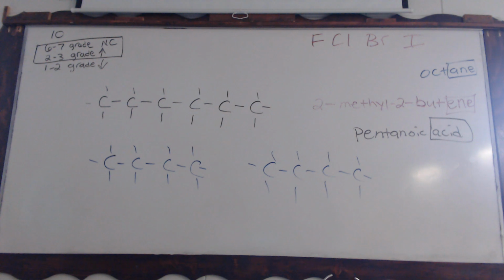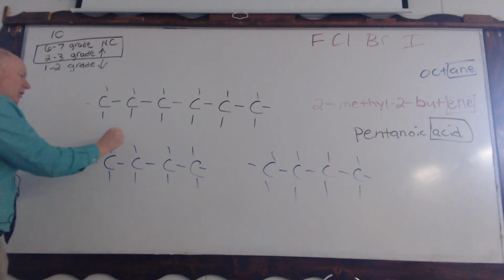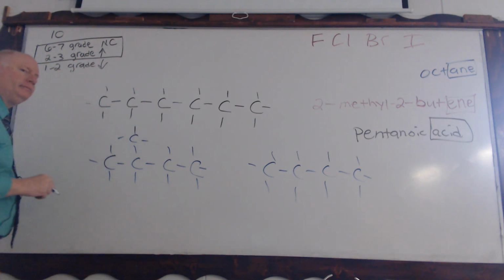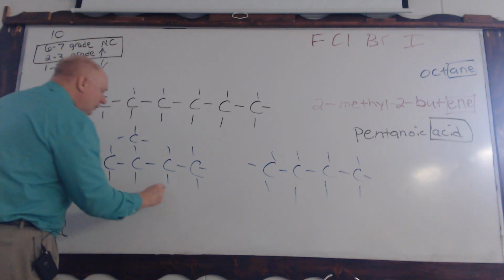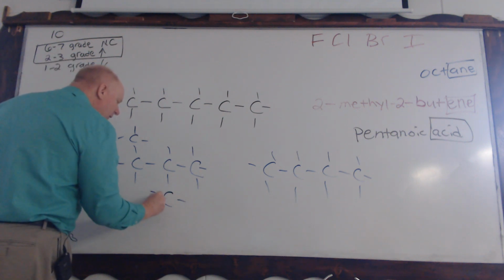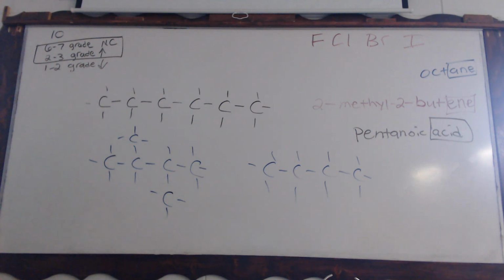Just tell me. Could you put it on the second carbon? Okay, so we can put a methyl group here. And then could you put it on the third carbon at the bottom? See, that's the more difficult one that I didn't think anyone would come up with. That is one. That's 2,3-dimethylbutane.